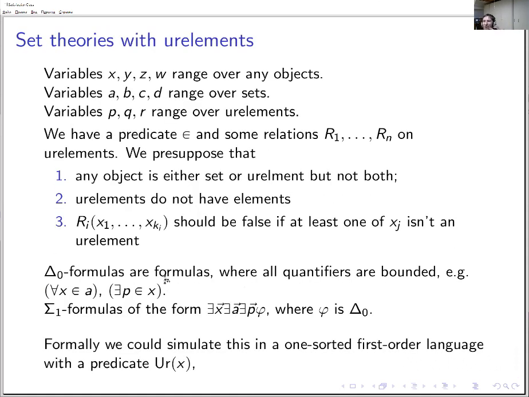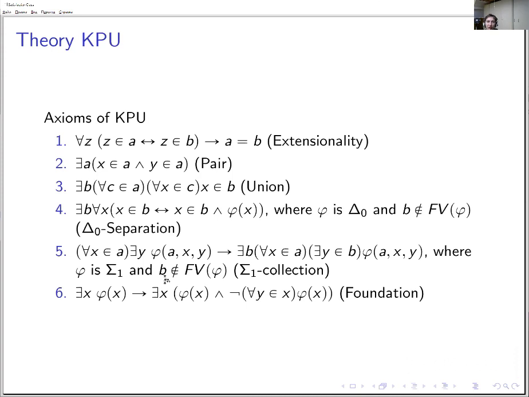Of course, it would be much more convenient to use this variant of the language. So then we have the theory KPU. Basically, theory KPU is the same as the theory KP, but it allows urelements.